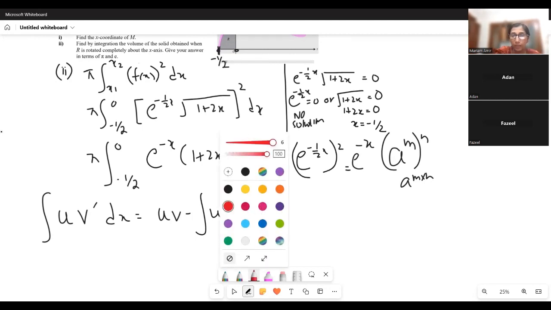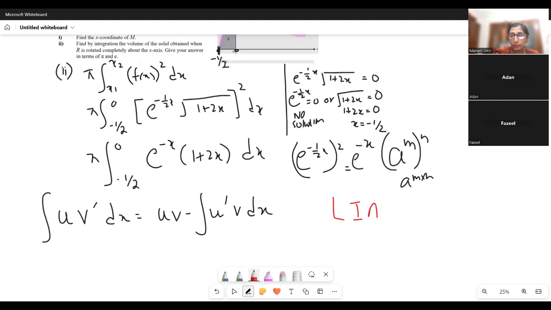Remember LIAPE. First, log gets to be u, then I is for inverse, that gets to be u, A is for algebra, that gets to be u. If these three are not there, then trigonometry gets to be u. Otherwise, exponential.